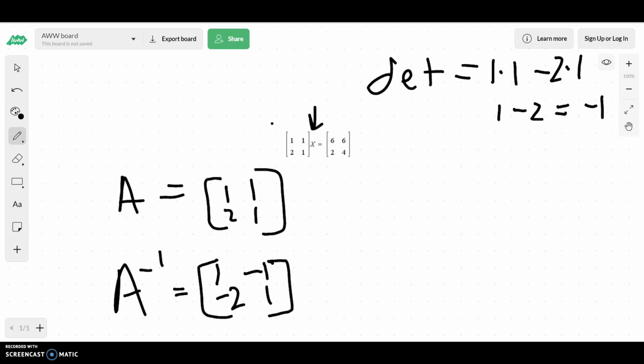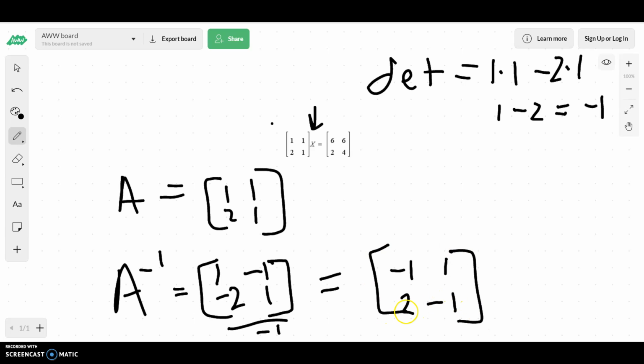And then we divide all the elements in here by that negative 1, meaning that our matrix would be negative 1, 1, 2, and negative 1. So that's our inverse.